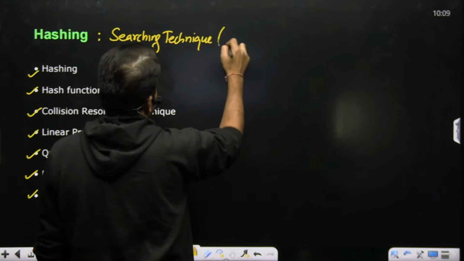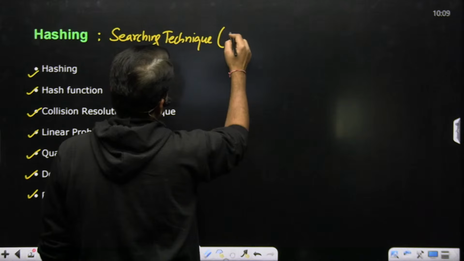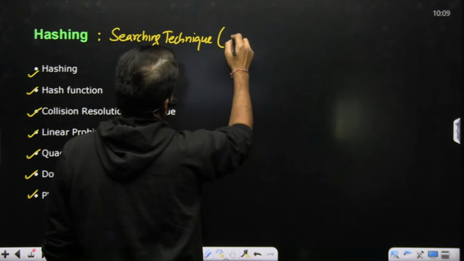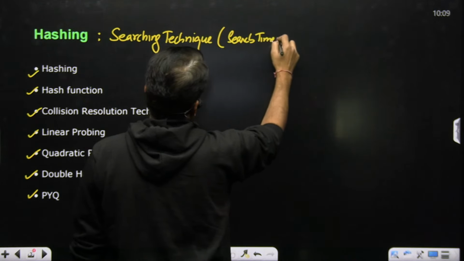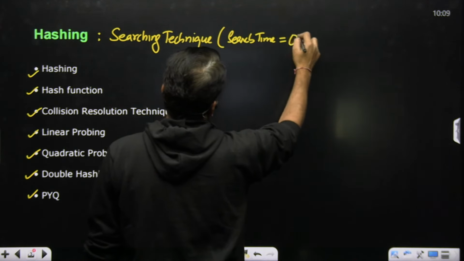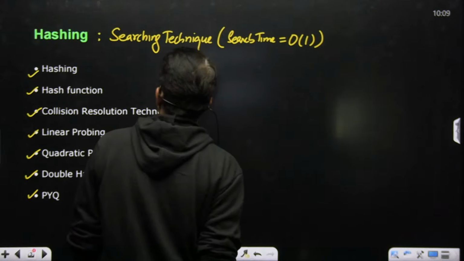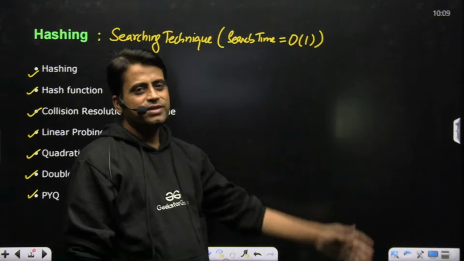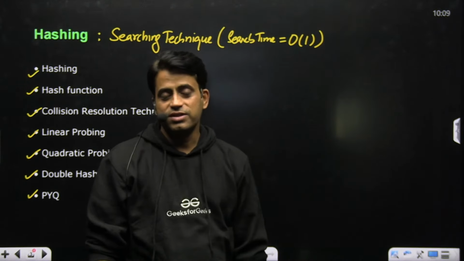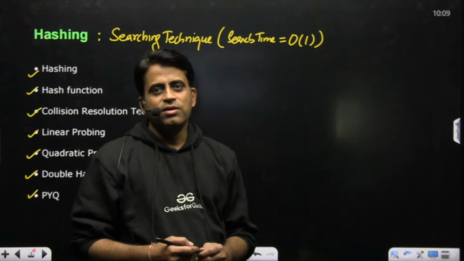And the goal of hashing is what? Search time equals order of 1, constant. This is not 100% true, but 99.99% of the time the search time is order of 1. This is the goal of hashing. Understood, students? Okay.